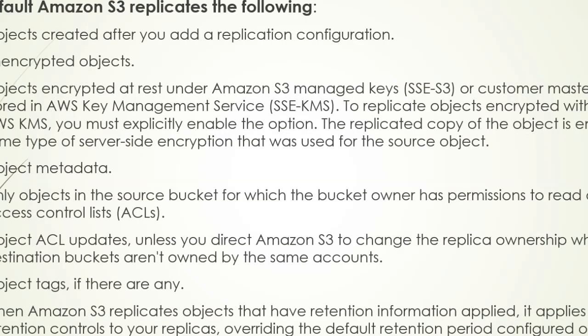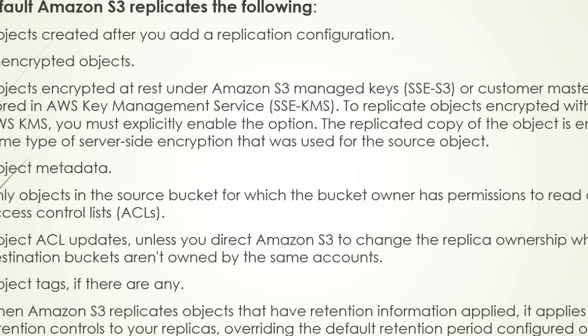That's cross-region replication. Amazon S3 replicates only specific items in buckets that are configured for replication. If they are not configured for replication, those objects are not going to be replicated. By default, Amazon S3 replicates the following: the objects created after you added the replication configuration.